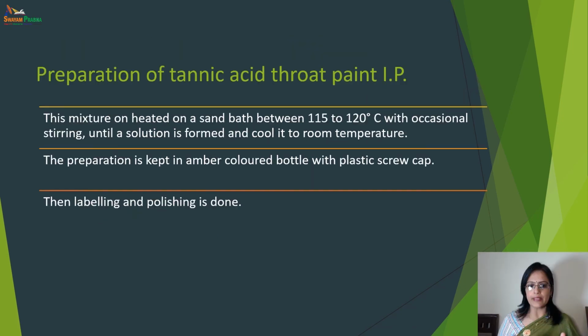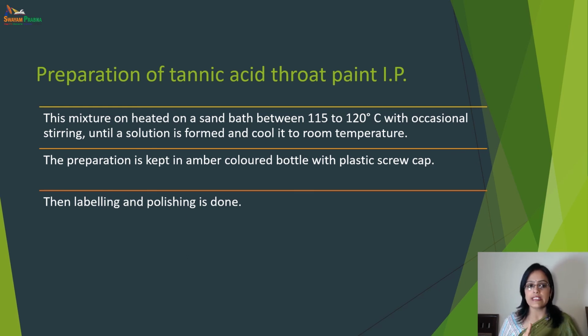In the next step, this mixture is heated on a sand bath between 115 to 120 degrees centigrade with occasional stirring until you get a solution, and then you cool it to room temperature.